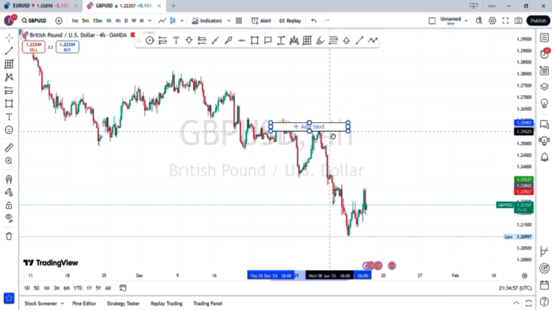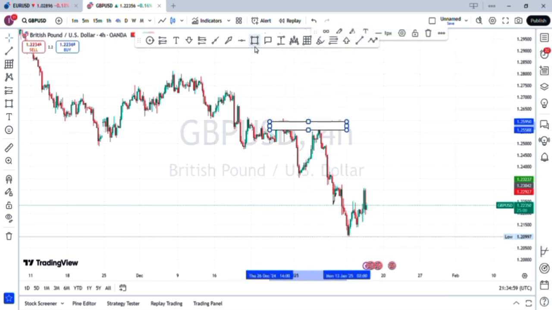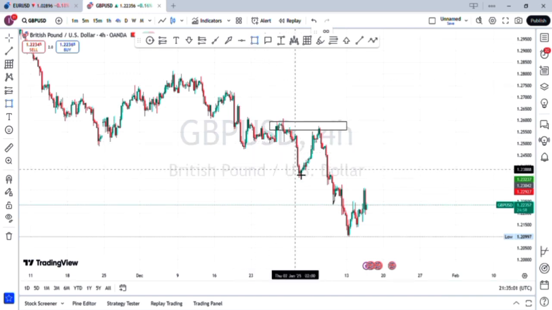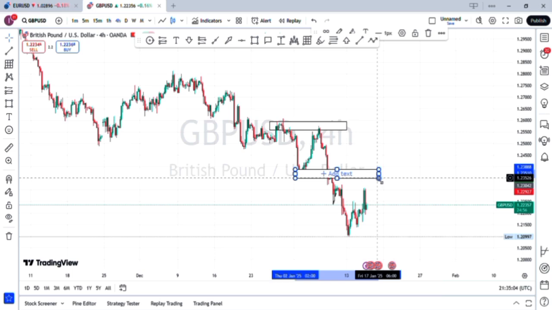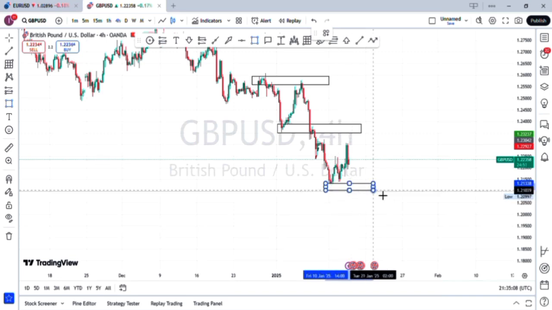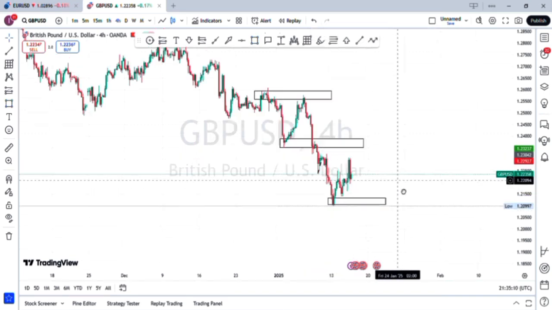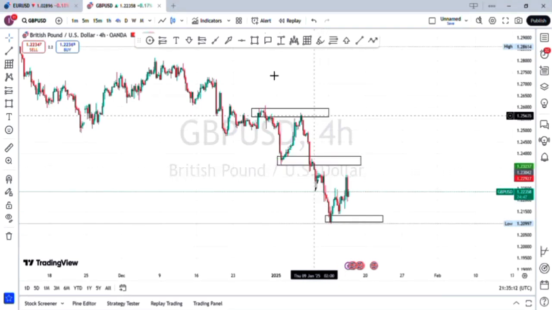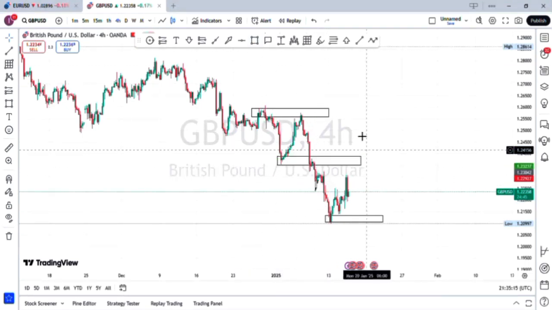So we draw this down to the lower side, and then we have our support zone right here. We also have another support zone right here, and we have this resistance level right here. So I'm just going to mark this out.